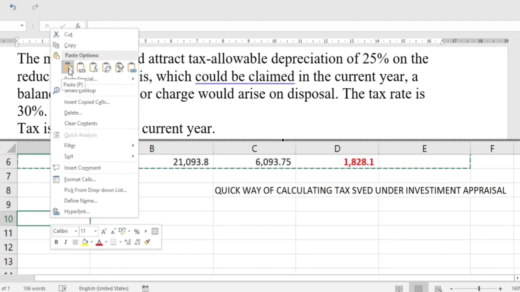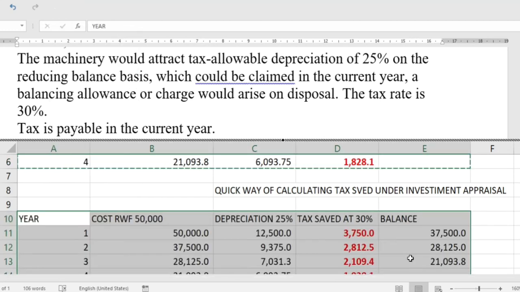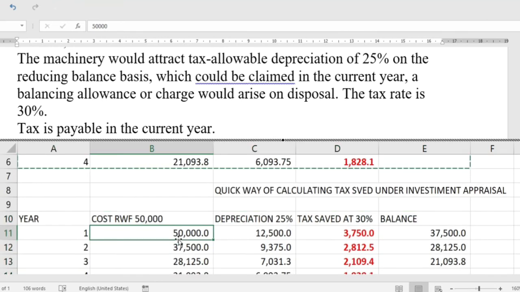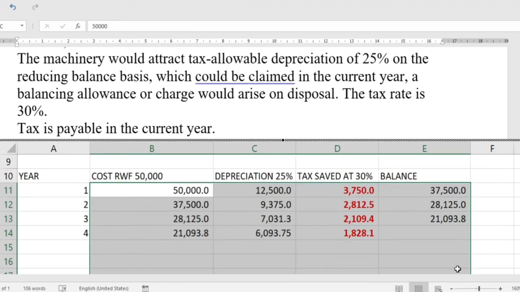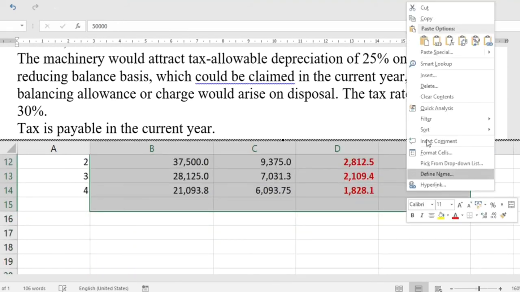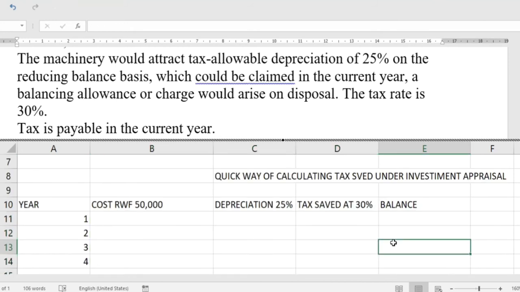Then I delete something here. The easy way of calculating the tax saved under investment appraisal.